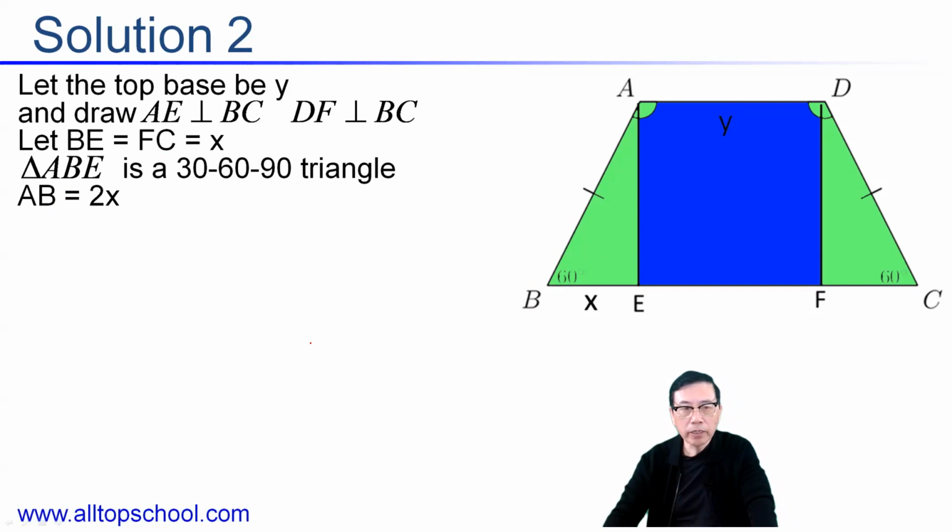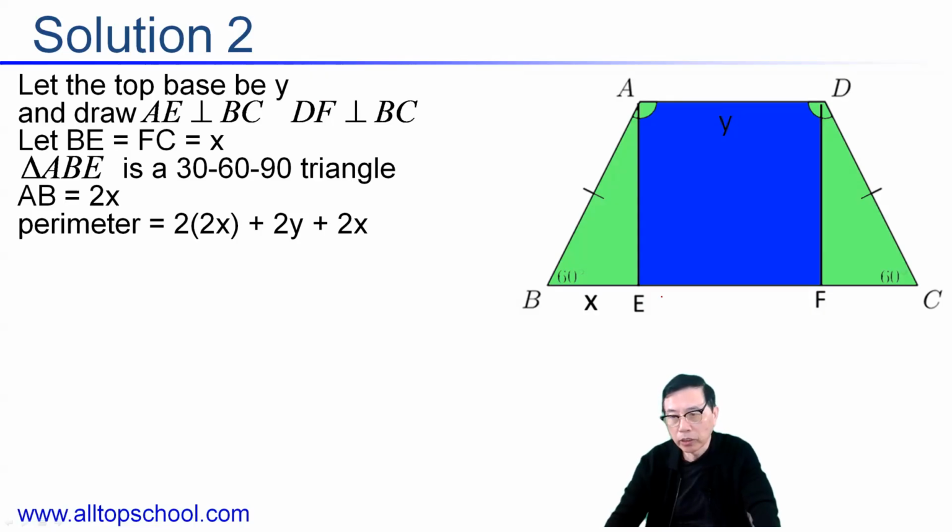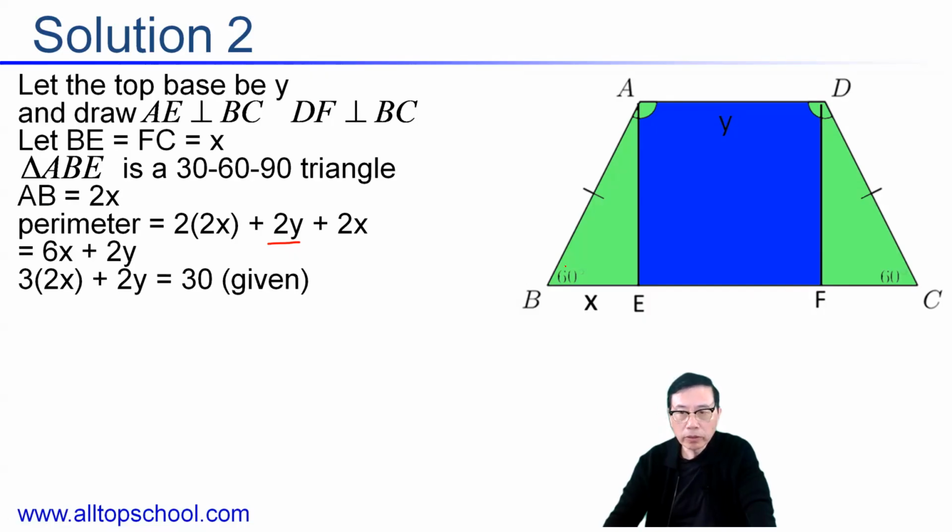And then AB is an integer, 2x is an integer. That doesn't really mean x is an integer. So the perimeter is going to be 2 times 2x for the legs, and also this is y, AD, EF is y, so 2y. Then BE plus FC is 2x. So the perimeter equals 6x plus 2y. But because 2x is the leg, that's an integer. I don't want to cancel the 2 yet because we don't know if x is an integer or not. But 2x is guaranteed to be an integer.